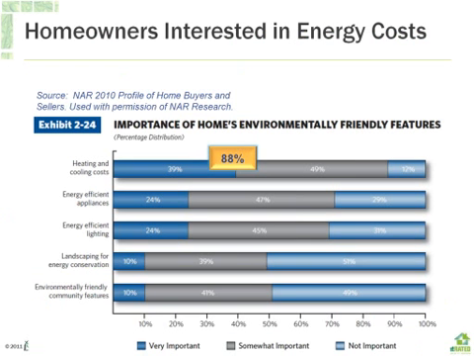I've already talked about this. This is the study that was done by the National Association of Realtors. You can see that the interest in heating, energy efficiency appliances, energy efficient lighting, that's of huge interest to consumers.